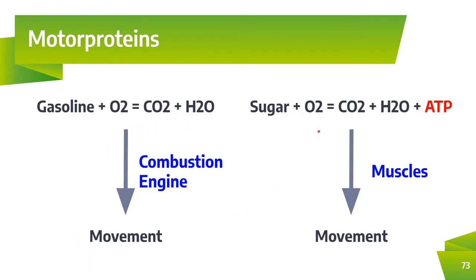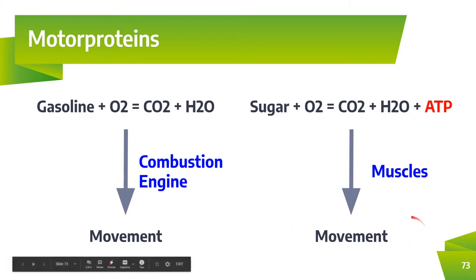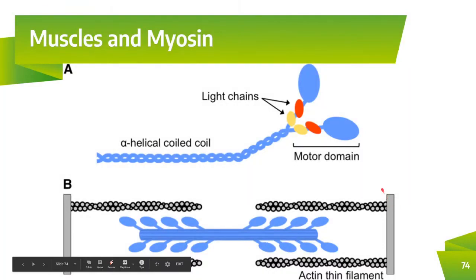For a motor protein, this energy comes from ATP, and for instance muscles then use this ATP to convert chemical energy into movement. We were looking in particular detail at myosin.